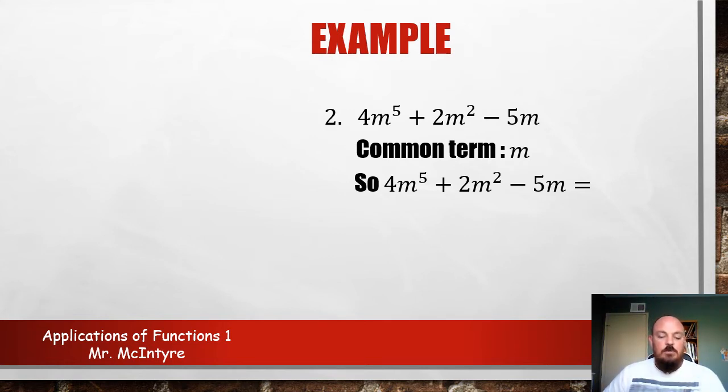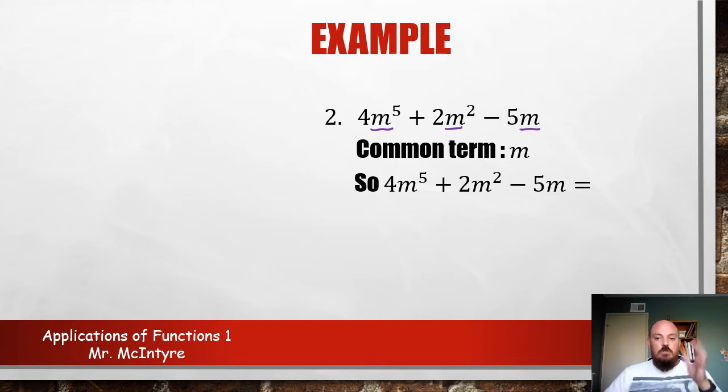So here's an example. It went out of order, but that's okay. This was number 2. So I look at this problem and I say I have 4m to the 5th power plus 2m squared minus 5m. Now the common term is m because if I look at my 3 terms here, I have an m here, I have an m here, and I have an m here.